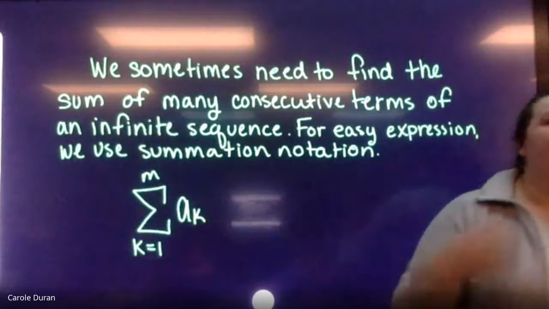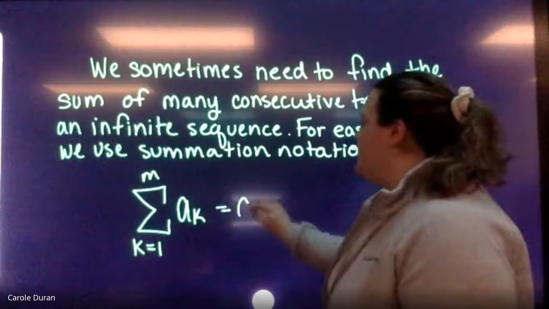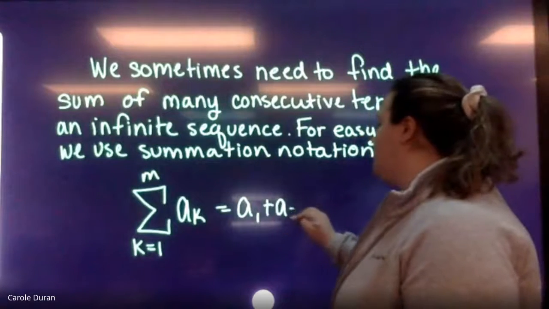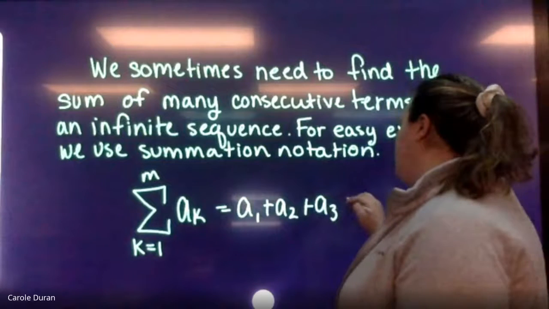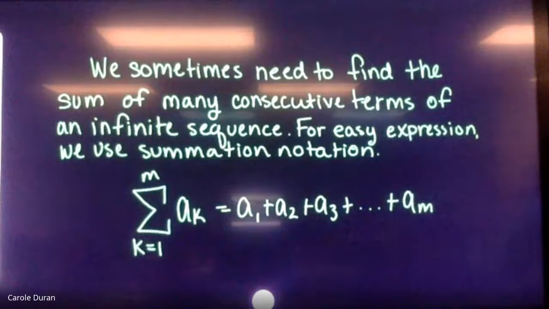So in order to take this sum, I first have to know those first m terms, and then I just need to add them together. This would be the same as term 1 plus term 2, plus term 3, all the way through term m, because that's what it told me I was adding together.